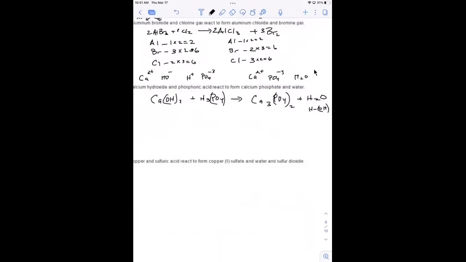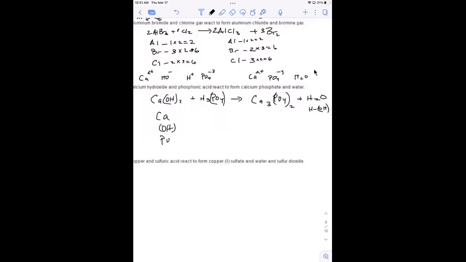All right. So let's see what we can do here. Let's see if we can balance this by keeping the PO4s together. So we got calcium and then OH. We're going to keep that together.